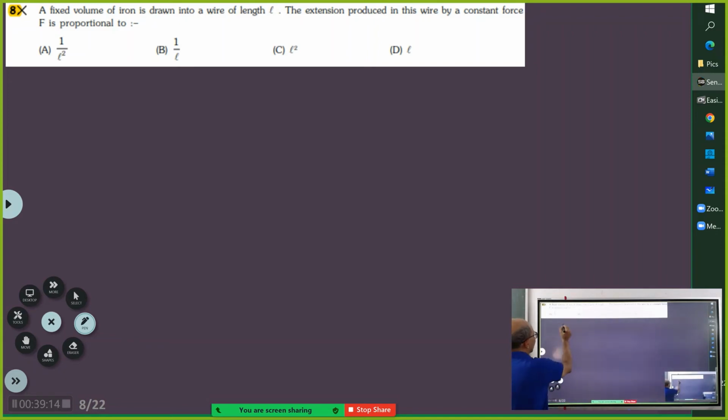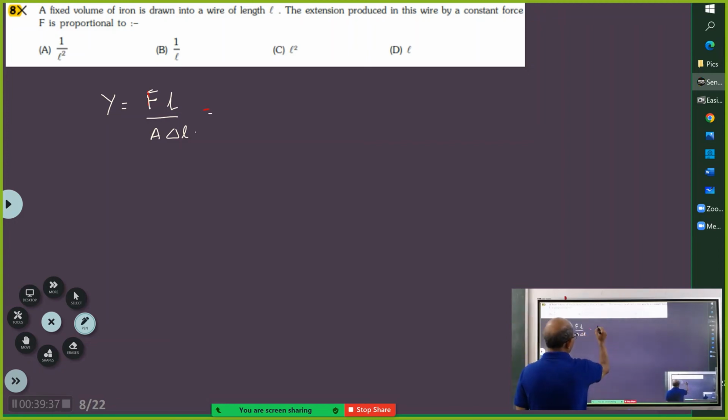So you write the basic formula. Y is equal to F into L by A into delta L. Now they have told fixed volume. So bring the concept of fixed volume.